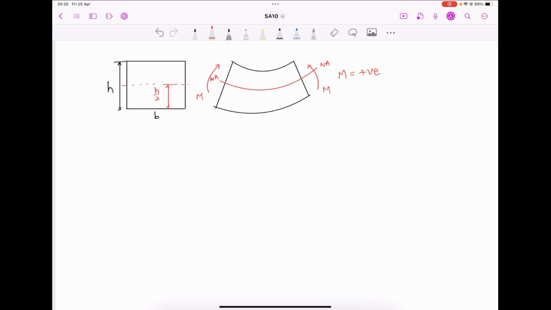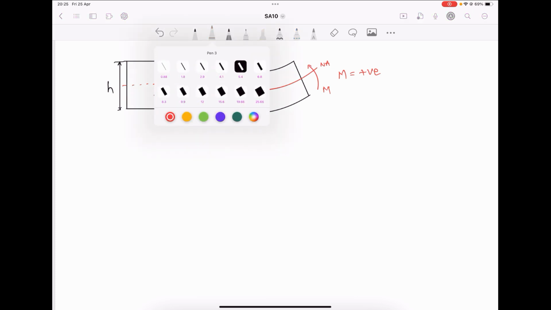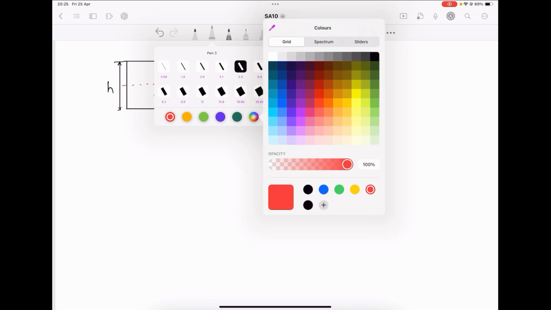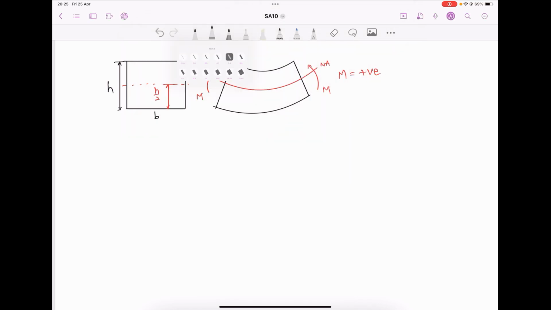And when bending moment is acting towards the top, what happens? As far as strain is concerned, here the strain will be compressive, negative strain, because the fiber length is reduced.